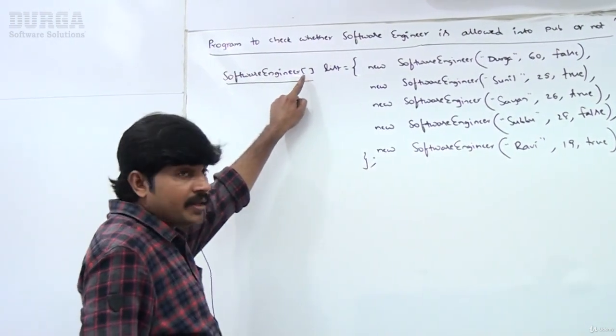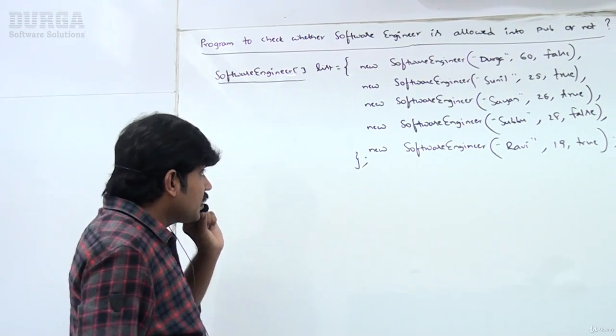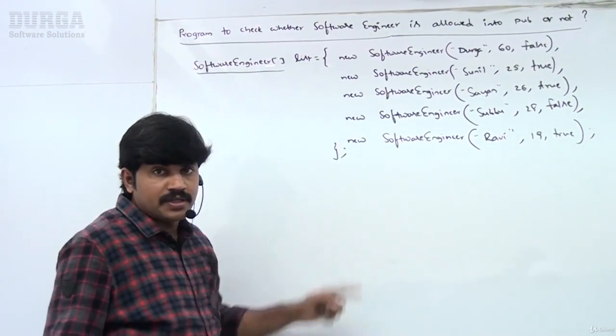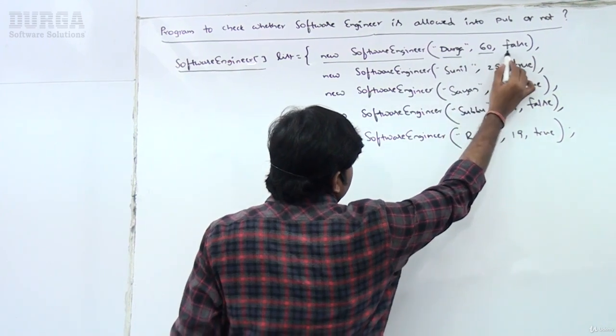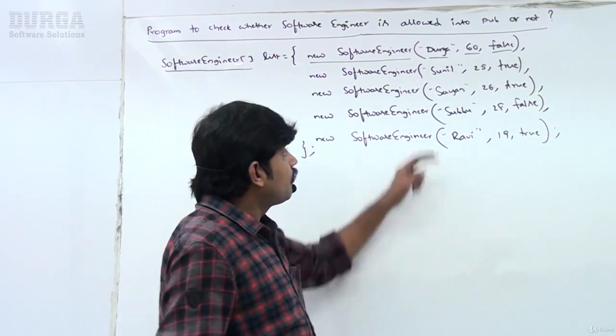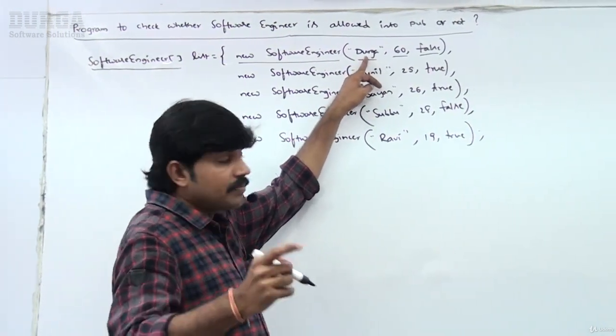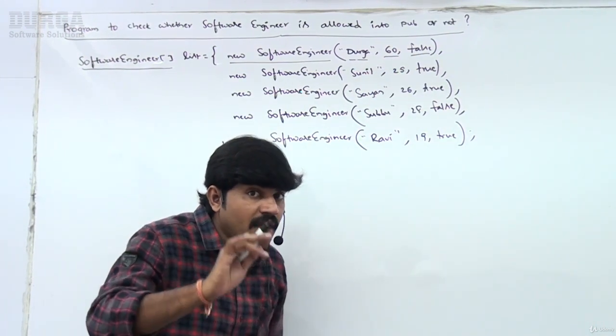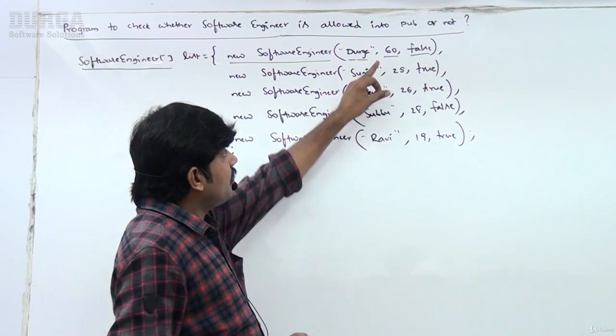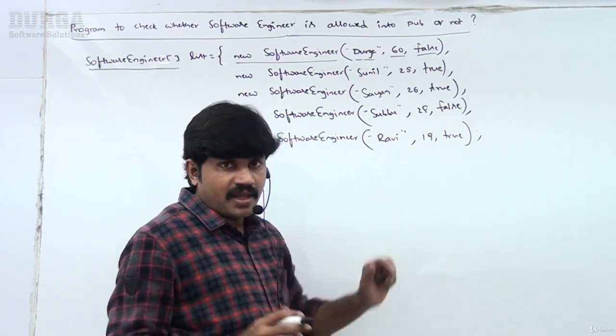SoftwareEngineer array list is equal to, I am creating almost 5 software engineer objects. First software engineer: Durga, 60, false. First parameter is name, second parameter age, and the third parameter is having girlfriend or not. Sir, my age is 60 and I am not having a girlfriend.